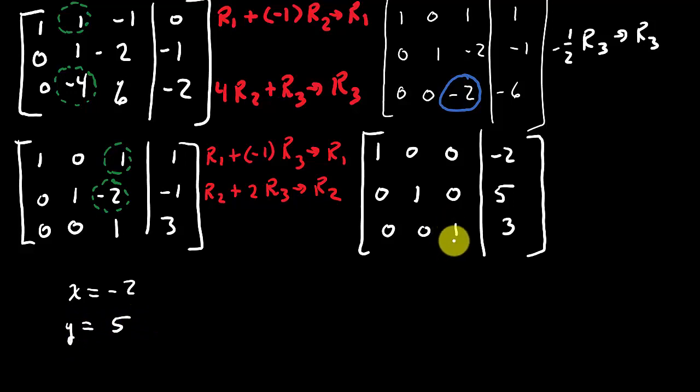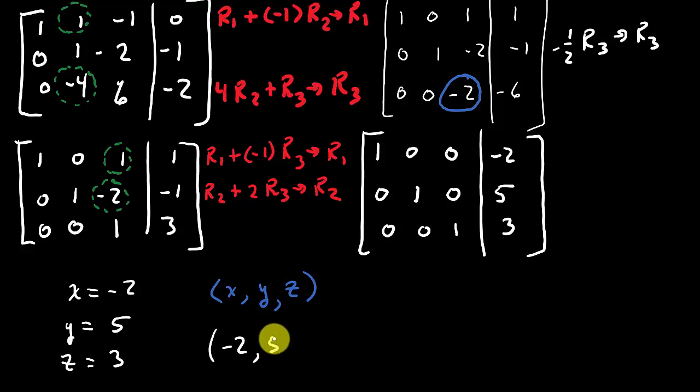And then this is your z value, your z column, so z is equal to 3. And so remember, whenever you write your solution, you want to write your solution in the form x, y, z. And so I would write my final answer as -2, 5, 3.